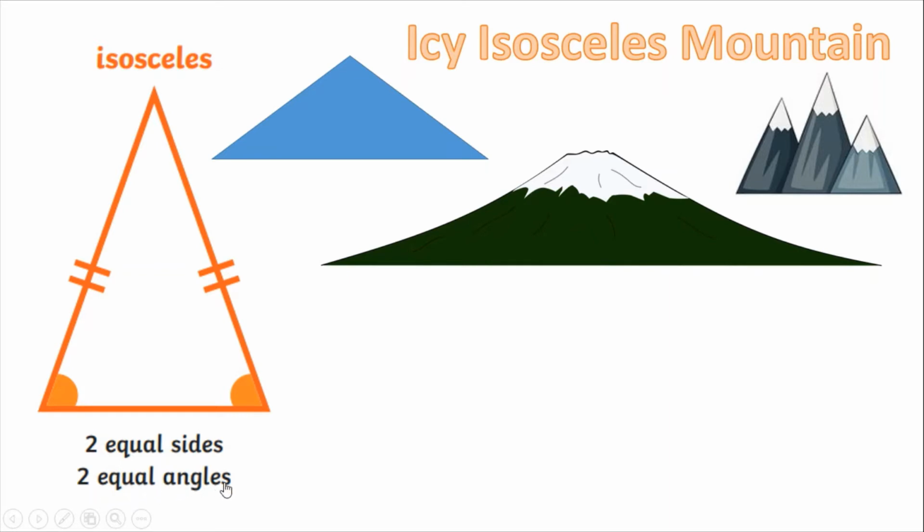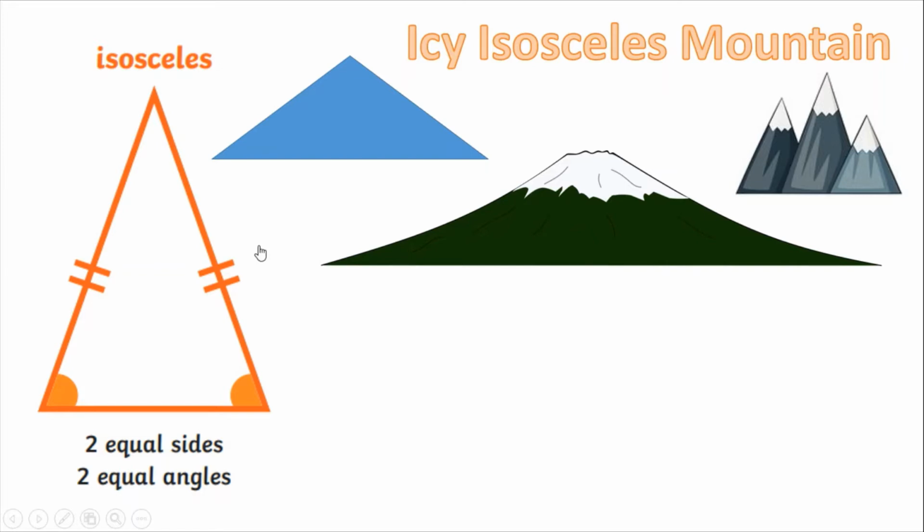So remember, an equilateral triangle has 3 equal sides and 3 equal angles, but this has 2. So that could be 2 long sides and a shorter one, or it could be 1 longer side and 2 shorter ones, as long as you've got 2 of the sides which measure the same length.